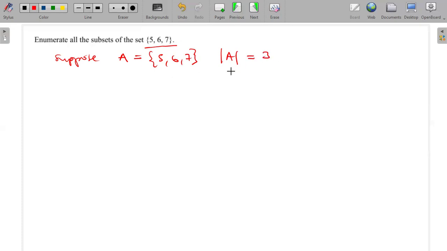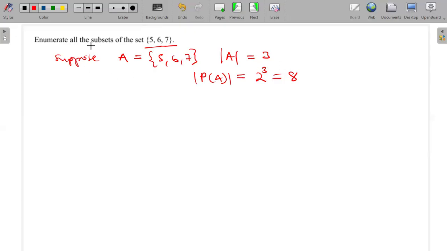Okay, and then when it comes to the power set, the cardinality of the power set of A is equal to 2 to the power of the cardinality of set A, which is going to be like that. So which shows us that we're going to have 8 subsets.